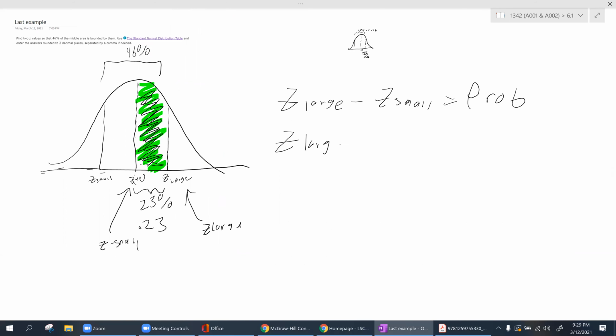I don't know what that z large value is, but I know what the probability is at z equals 0. That is 0.5000. And that area is 0.23. I'm going to solve for z large, and that's going to be 0.23 plus 0.5. This is going to give me 0.7300.